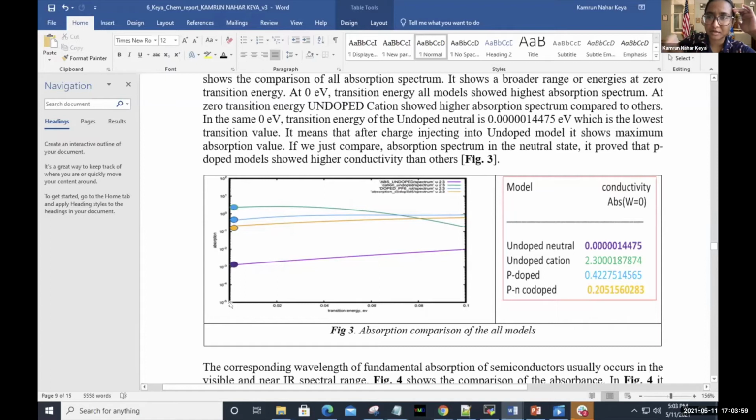When transition energy is 0, I just want to show the value of the absorptions of all the models. When transition energy is 0, the absorption spectrum of the undoped cation is 2.3 something, like this.